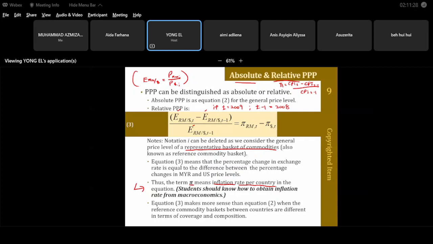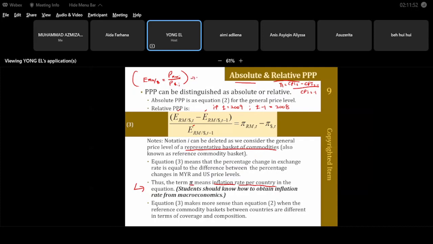Therefore, there is a possibility that the basket in Malaysia is different from the basket in the US, with different goods and services. So in this situation, there is an argument that the relative PPP is more suitable compared to absolute PPP.